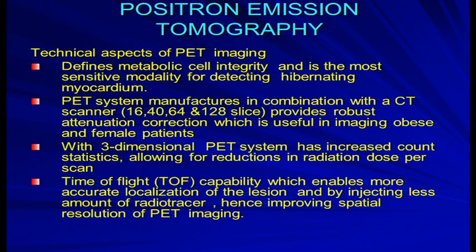With a three-dimensional PET system there are increased count statistics, allowing a reduction in radiation dose per scan. Time of flight, that is TOF capability, enables more accurate localization of the lesion and injecting a smaller amount of radiotracer, hence improving the spatial resolution of PET imaging.